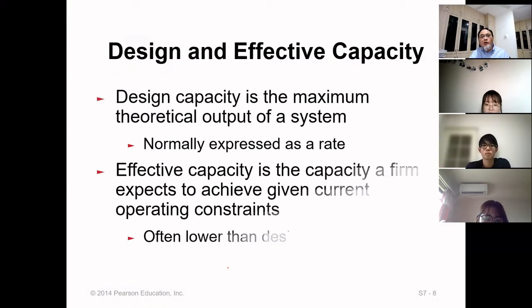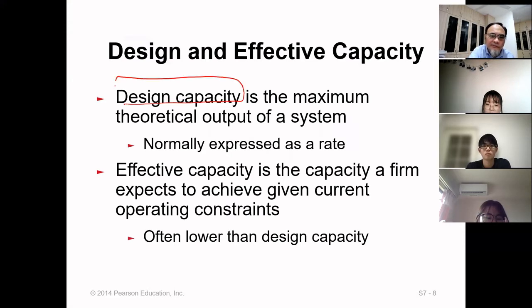So we come to the concept of design capacity and effective capacity. Design capacity: just now, when I said the concert hall, the number of seats is say 1,000. So that is the design capacity. Or an aeroplane, 400 seats. It is the maximum theoretical output.